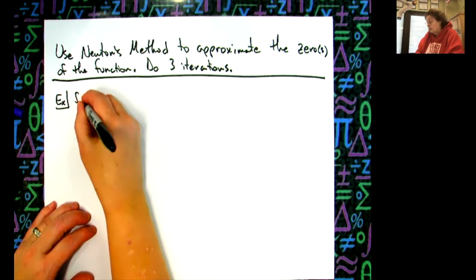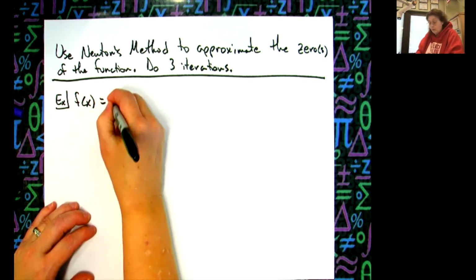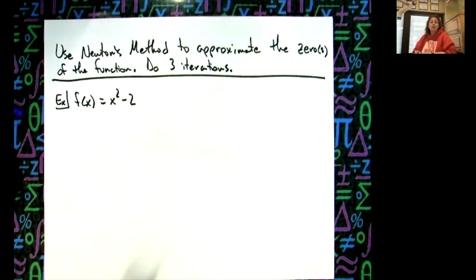Let's suppose they give you the function x squared minus 2. Now, we all know that we can find the roots to this very easily. But let's assume that it was some great big long polynomial curve and we could not find the zeros of this function.